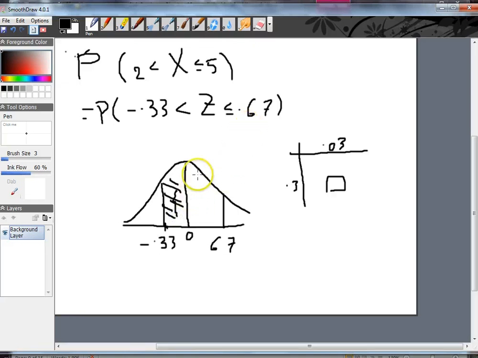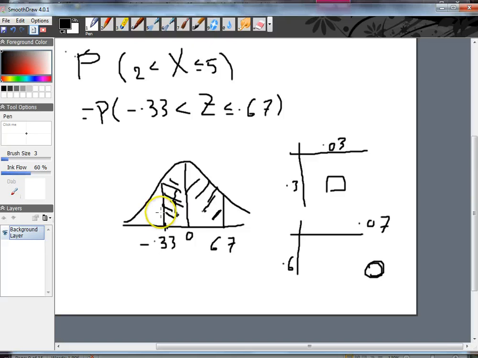And then I want to find this area. So now I go to the table again, and I want to look at 0.6. My second decimal is 0.07, and then my area would be here, and that would be this area. Now I want to find the total area. So by looking at the graph, I know I'm going to have to add this and this, because this is negative here.